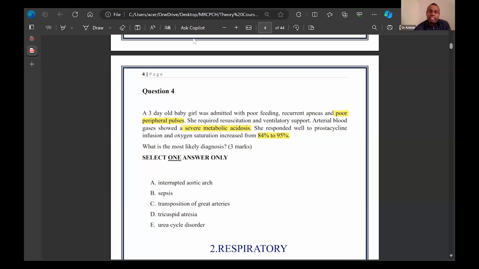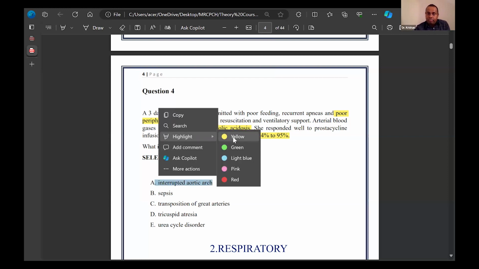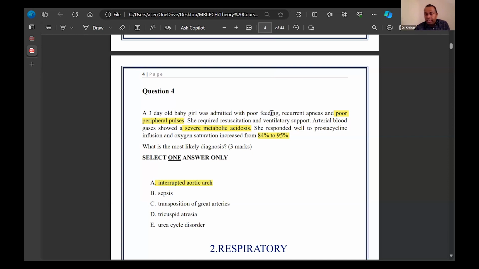It's the pulmonary circulation, right? So that's not the answer. The best answer should be interrupted aortic arch, right? This is not something that is commonly tested. Therefore, it's important to know this concept. So these questions could be repeated.